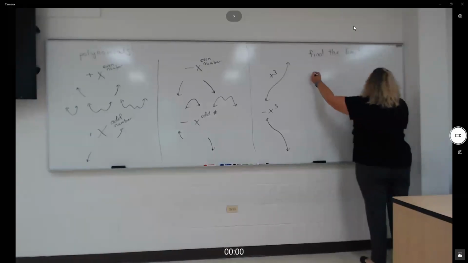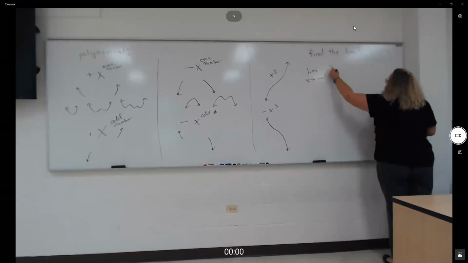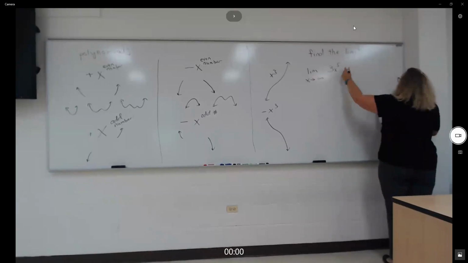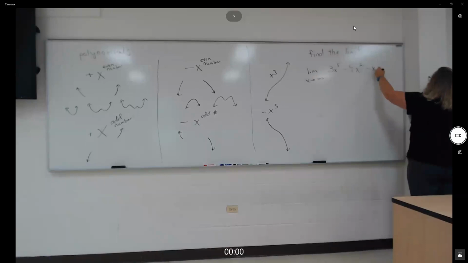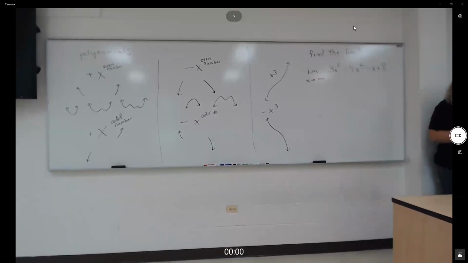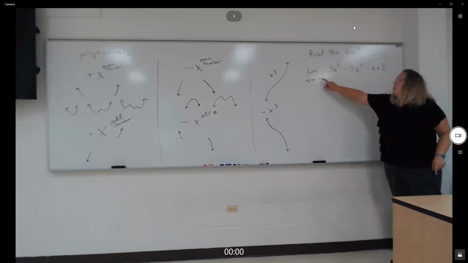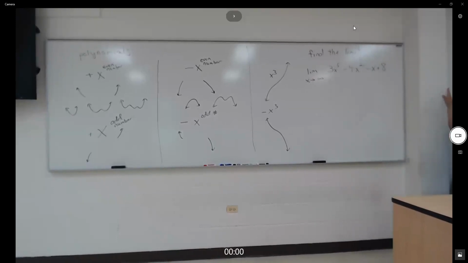So let's do the limit as x approaches infinity of 3x to the fifth minus 4x squared minus x plus 8. So this one is involving infinity because there it is in our limit.